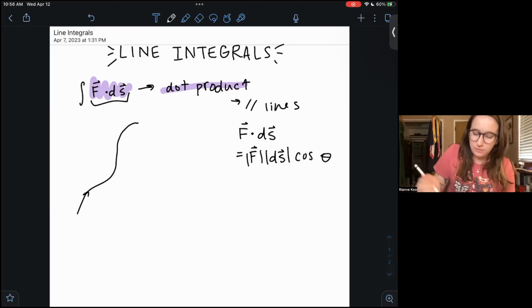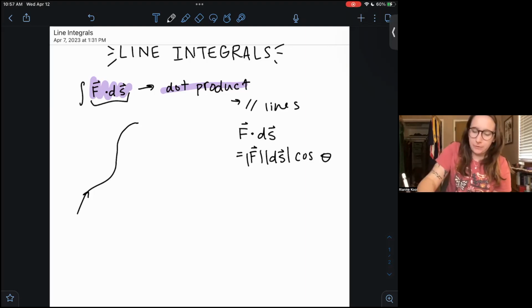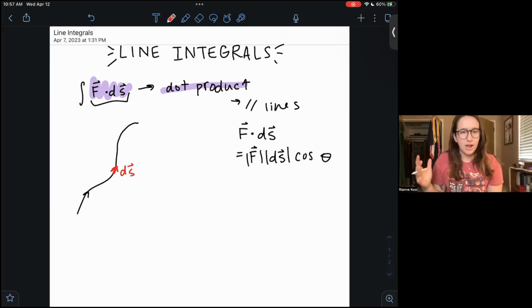This manifests in a few different ways. First of all, this ds is a vector, and therefore it has a direction. If we're looking at this line right here and we want to find a particular ds, we would say it looks something like this, and it has a direction with it.